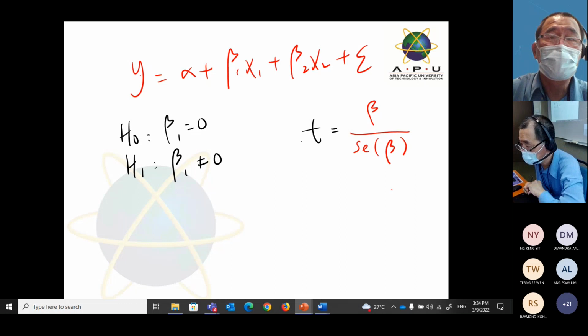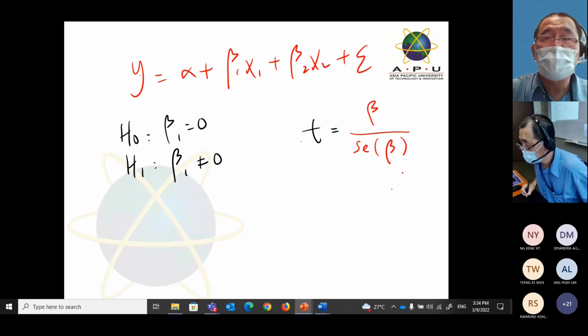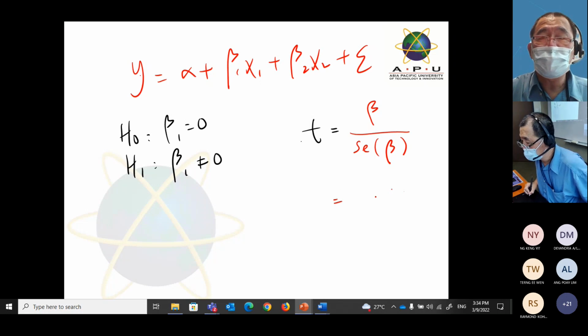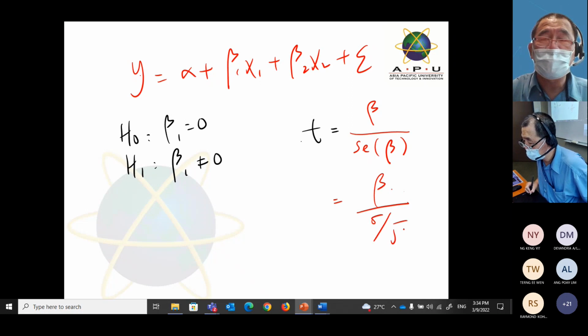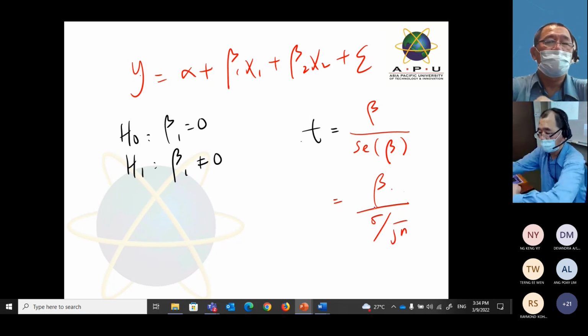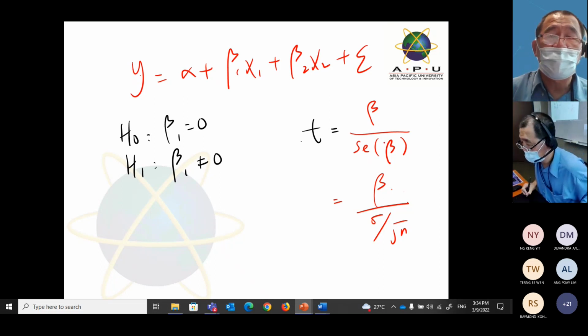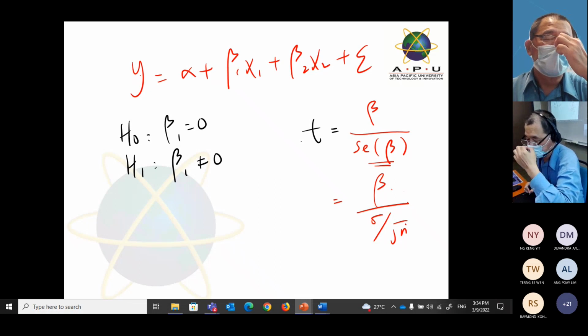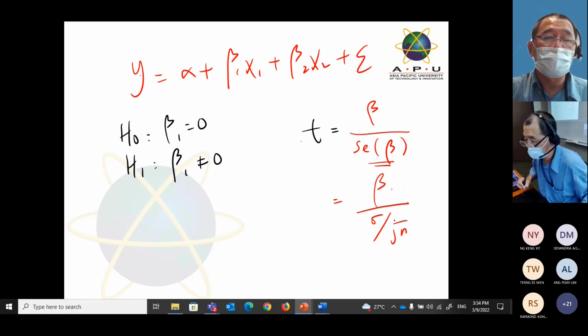In general, the standard error is sigma over the square root of n. Of course, this one is a bit different as a formula, but it's something like this: sigma over square root of n.